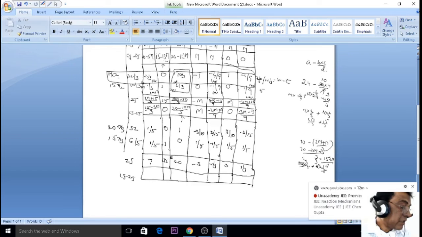So what are the Cj? 10 minus 7, 3, positive. 15 minus 15, 0, positive. 20 minus 20, 0, positive. Next one is 0 minus of minus 3, positive. And 0 minus of minus 1 by 3, positive. And M minus 3, M minus 3. And this M minus 1 by 3.